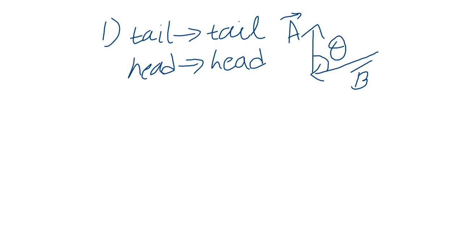Whenever you are measuring the angle between vectors, the tail of one vector coincides with the tail of the other vector, or the head of one vector coincides with the head of the other vector. That is the rule when we are measuring angles. So this is wrong. Which one is correct?